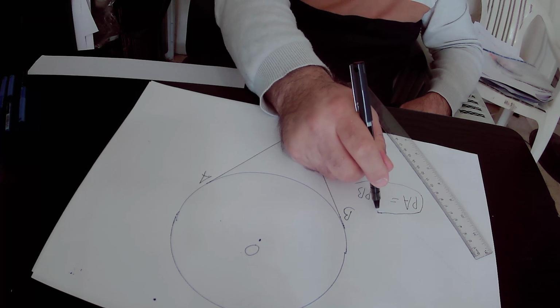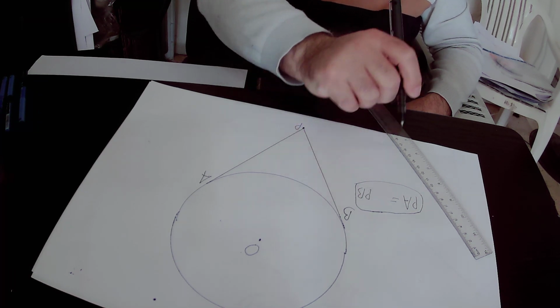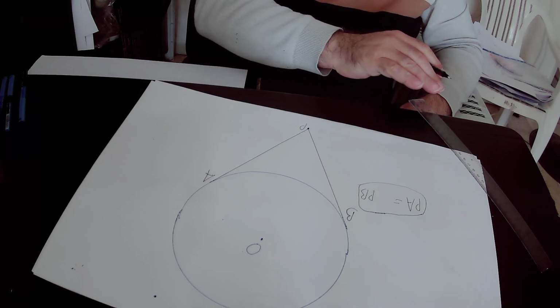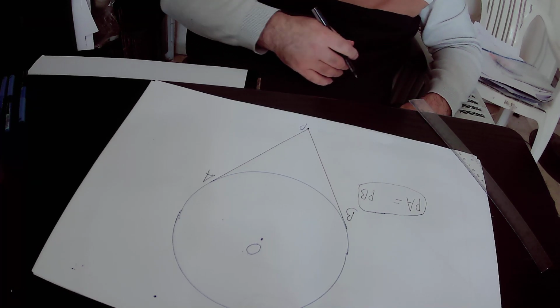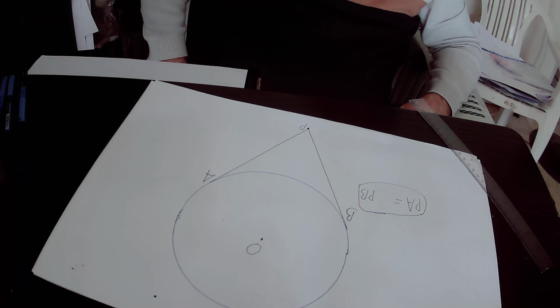Again, I repeat. The lengths of two tangents from a common external point to a circle are equal.